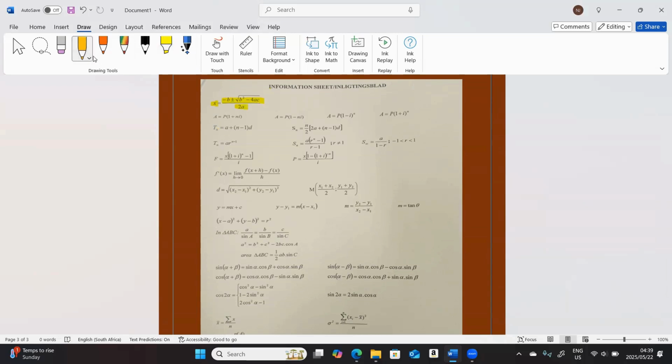And just for interest's sake, you know that the discriminant, whatever is underneath the square root, the b squared minus 4ac, is what you always use when you answer questions on the nature of roots. That's for question 1 type questions.